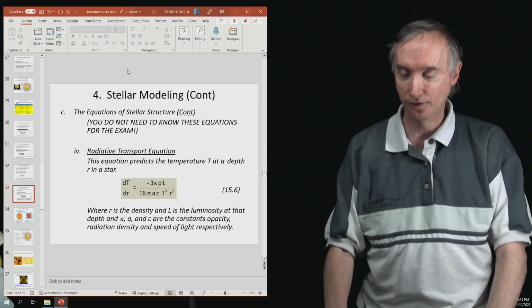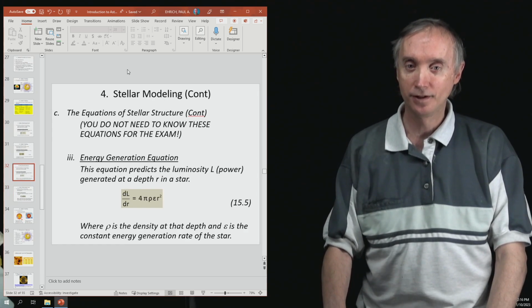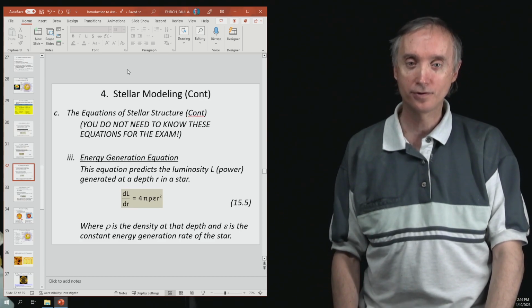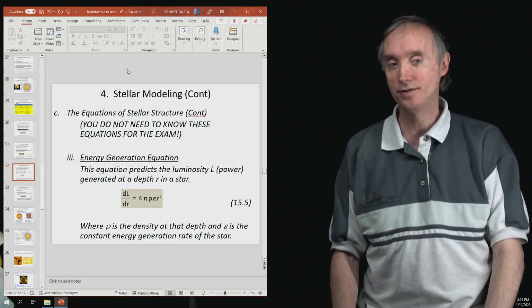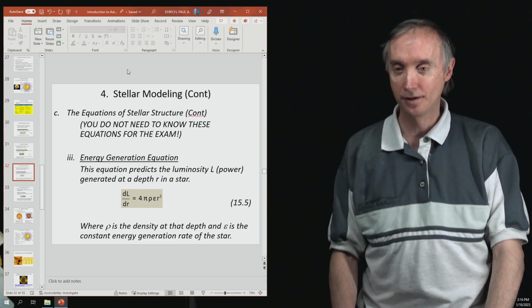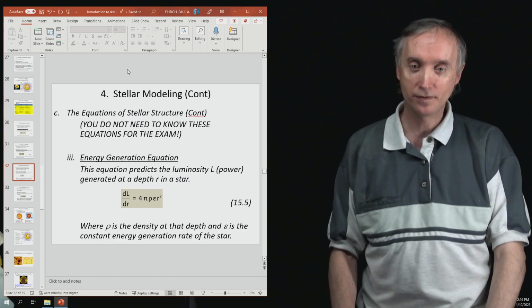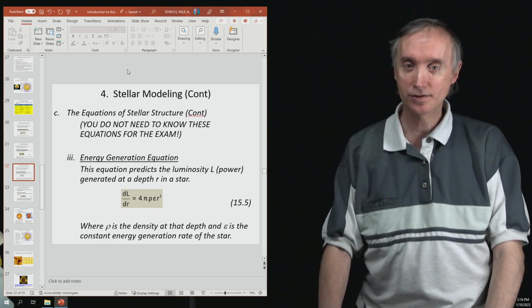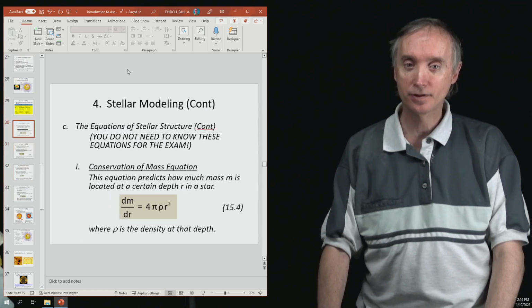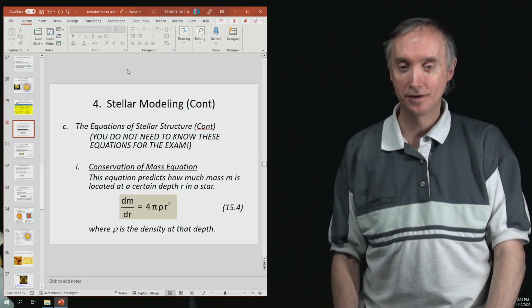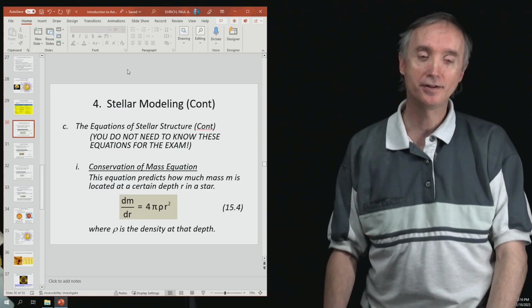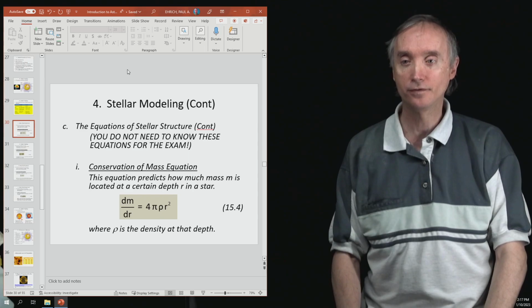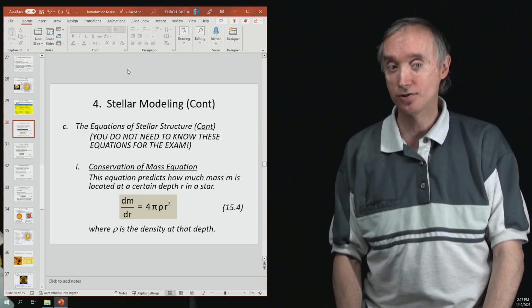But in order to get the luminosity of the sun, you had to use this equation to get to it. And in order to use this one, you had to know the density of the sun. And in order to know the density of the sun, you got to know the mass of the sun. And in order to get the mass of the sun, you got to go back up to here and use this equation.